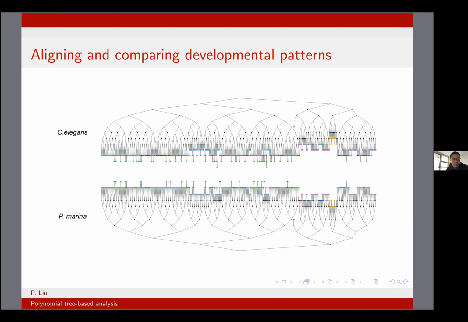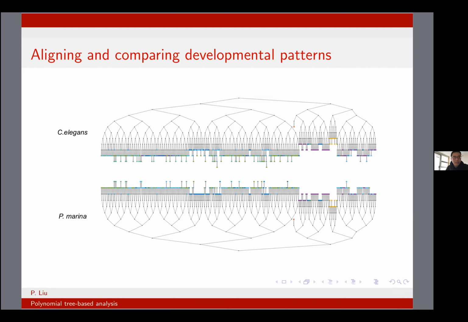Now we want to compare these two cell lineage developments, and we want to find which organ in one worm corresponds to the other organ in the other worm. So in this case, we can use the polynomial for leaf-labeled trees and compute the minimum distance between these subtrees, these organs, and then try to align them. This is a picture after the alignment. We find most of them are correctly aligned. That is showing another application of the polynomial.